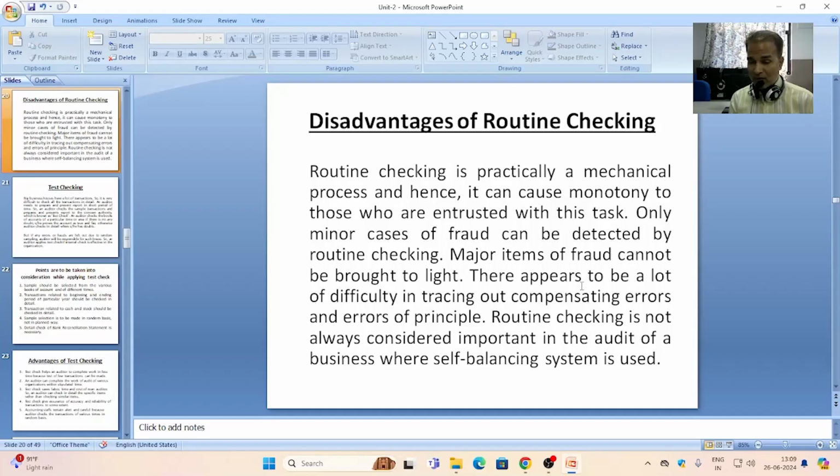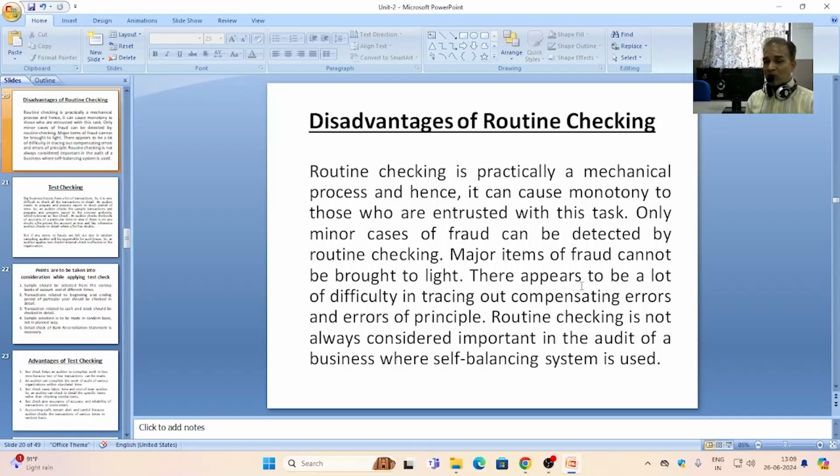Means if the accountant and a part of management deliberately do some fraud or error by generating fake evidence, then it is not possible to find out these types of frauds or errors in the routine check.